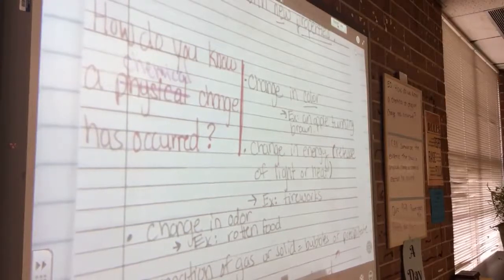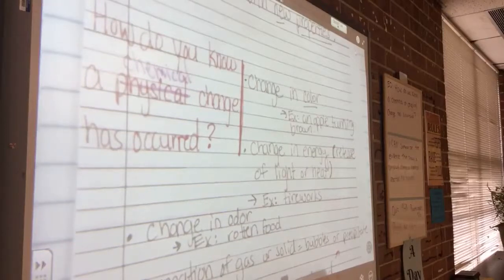Fireworks are a pretty awesome chemical change. You ignite flammable chemicals and they react to create certain colors. Anything that burns or explodes is a chemical change. They're the coolest chemical changes.